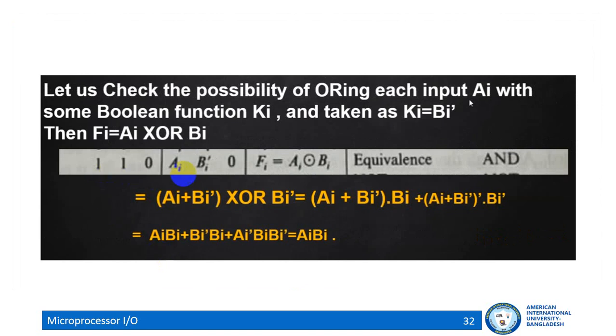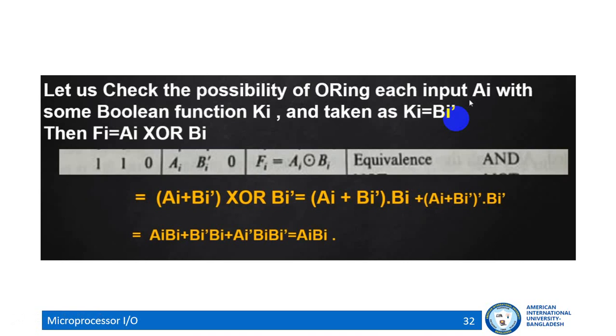So look at over here, how we can get the AND operation instead of the equivalence operation. Let us check the possibility of ORing input A with some Boolean function k, taken as k equal to B bar.